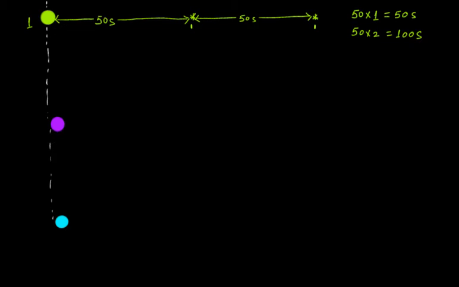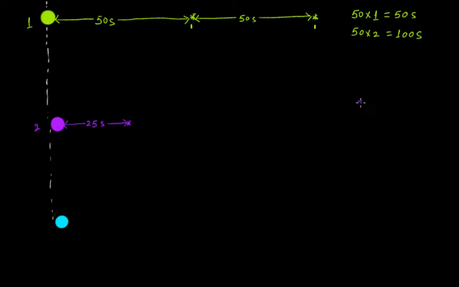Now come to crossing 2. Let's suppose the traffic light at this crossing remains for a time interval of 25 seconds, and after 25 seconds it will change.